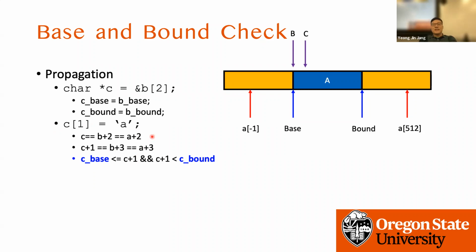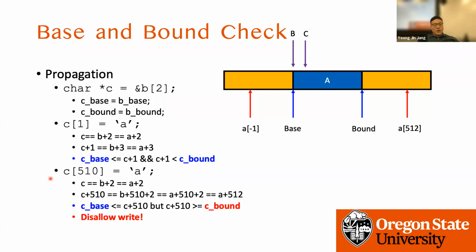So whenever the compiler sees this kind of code, it will insert two if conditions: the index should be equal to or bigger than base, and lower than bound. And you can feel why I mentioned this will slow down the entire system, because whenever you access the memory, it will run two if conditions.